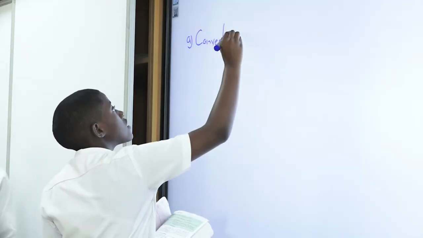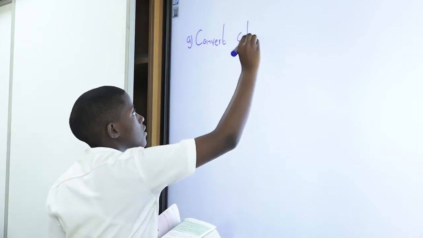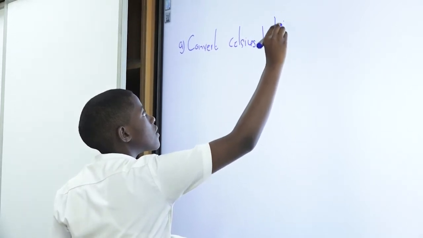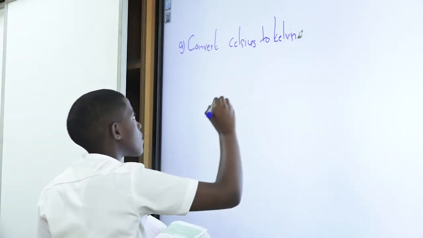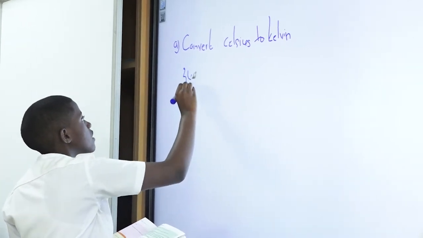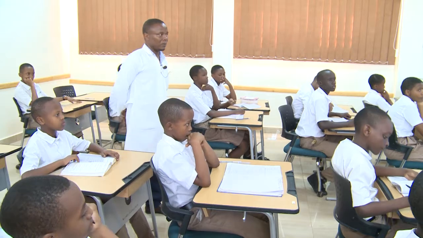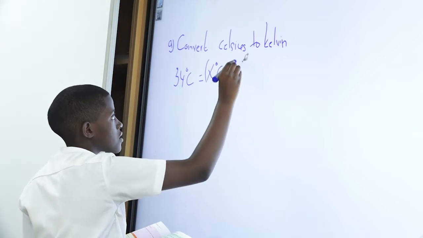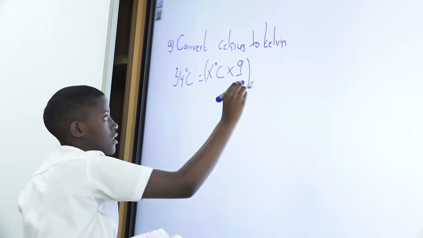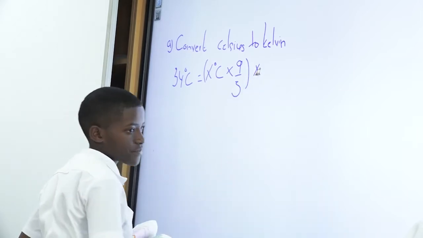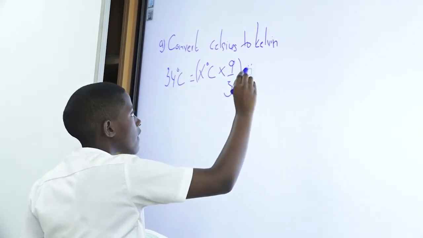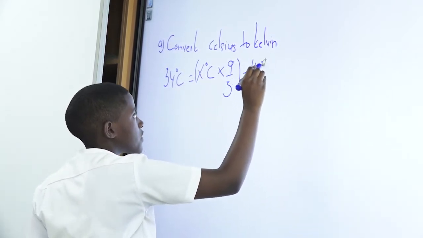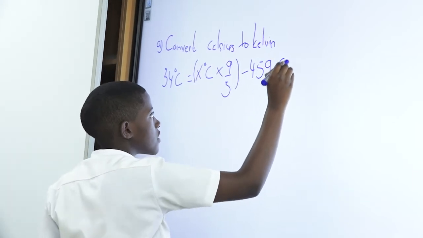Convert Celsius to Kelvin. Take X degrees Celsius times 9 over 5 in brackets, minus 459.67.